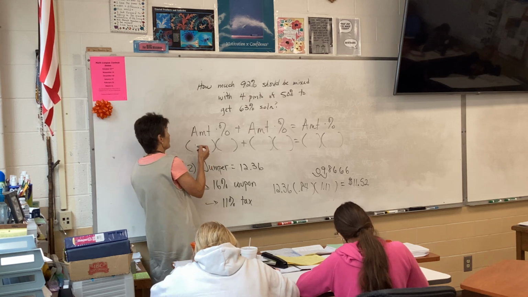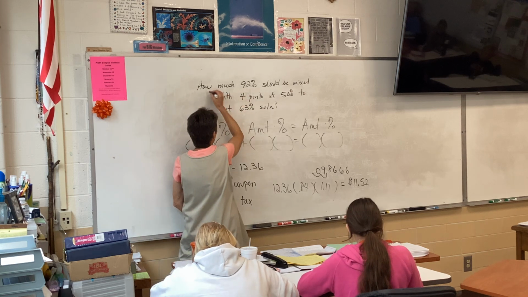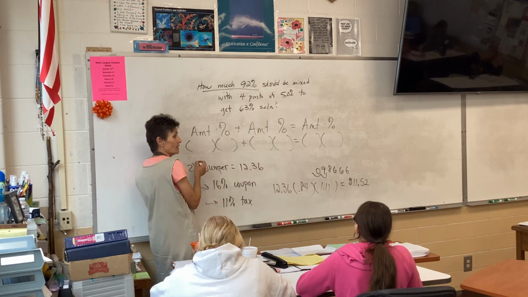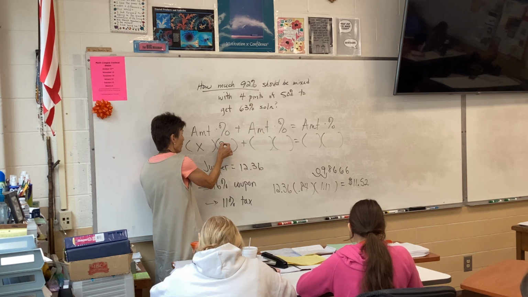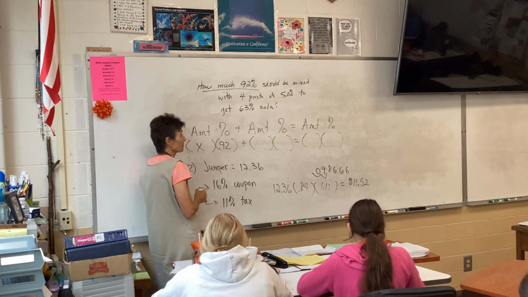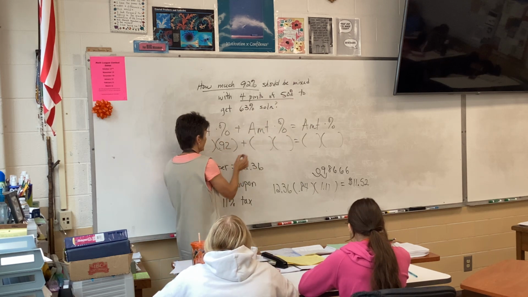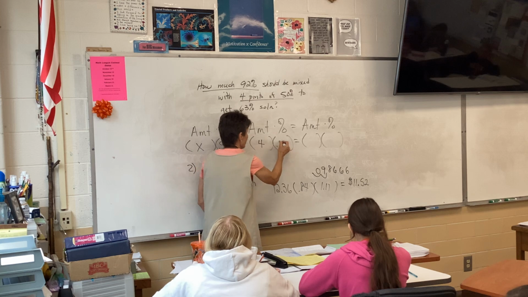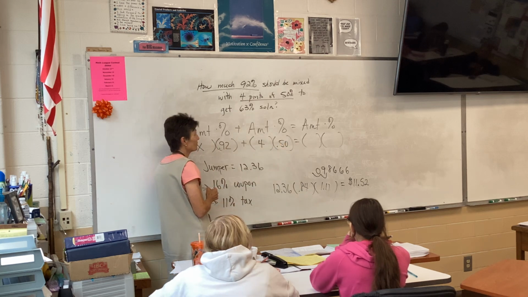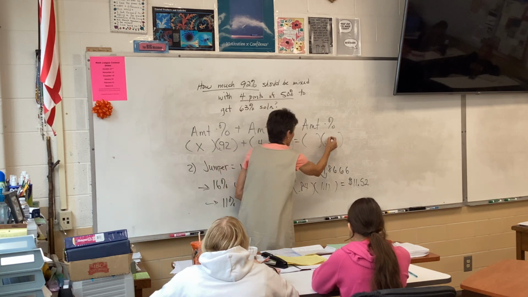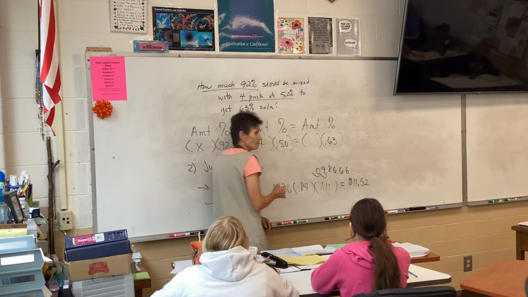So, look at my first thing. How much 92? So x times 0.92. 4 pints of 50. 4 times 0.50. And I'm ending up with a 63.